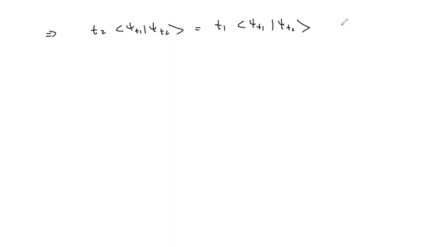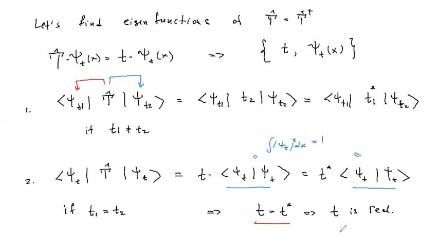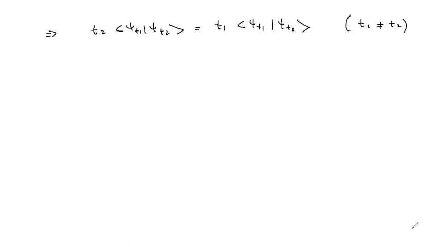And remember, this was the assumption that they are different eigenfunctions corresponding to different eigenvalues. This was the same eigenfunction corresponding to the same eigenvalue. What can I learn from this?